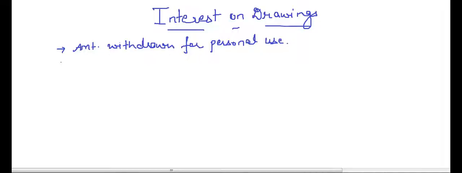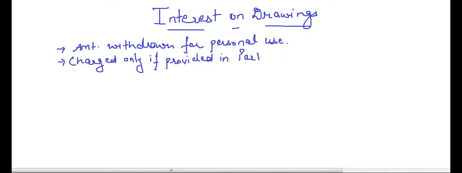So that means it will be charged only if provided in the partnership deed. Otherwise, the provisions of Indian Partnership Act 1932 will apply, which says that interest on drawings is not to be charged.